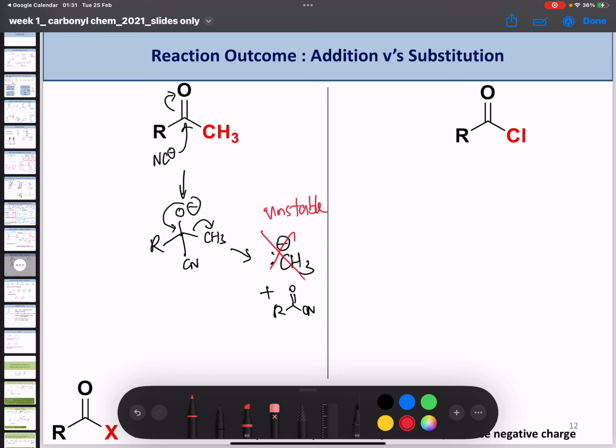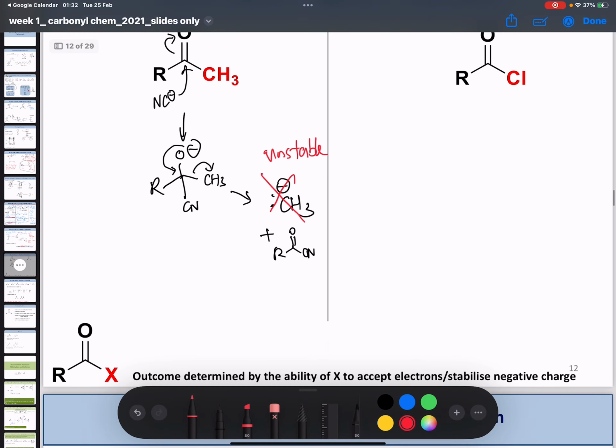It cannot stabilize itself by resonance, and because carbon is such a small atom, you cannot disperse the negative charge across a large electron cloud. So the answer is no. Therefore, if your thing is unstable, it will produce this result.